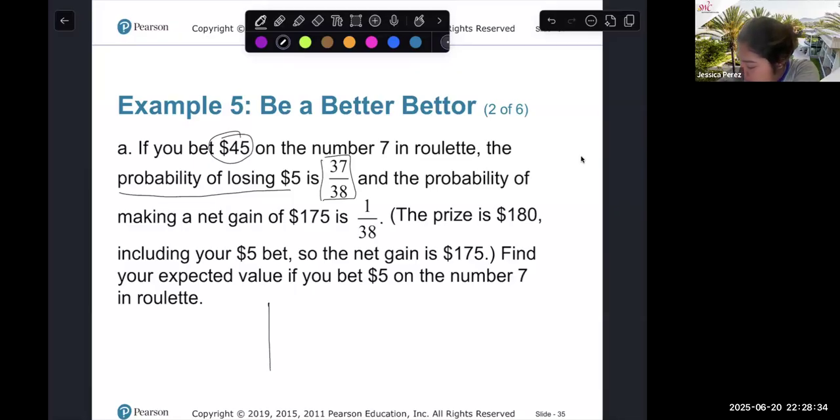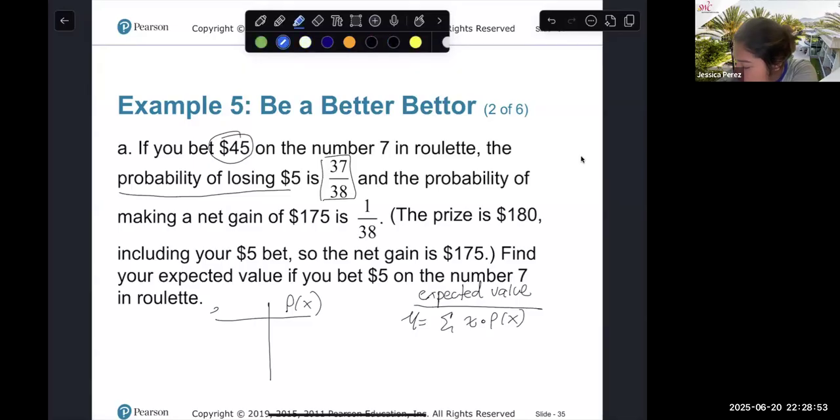So first, when we're looking for expected value, we're going to use the formula for the mean of a population, which is the sum of X times P of X. So the probability of obtaining a 7 on the roulette, we're looking for the probability of successes, and the number of failures.